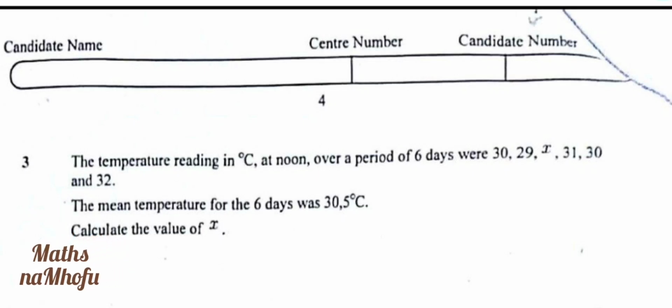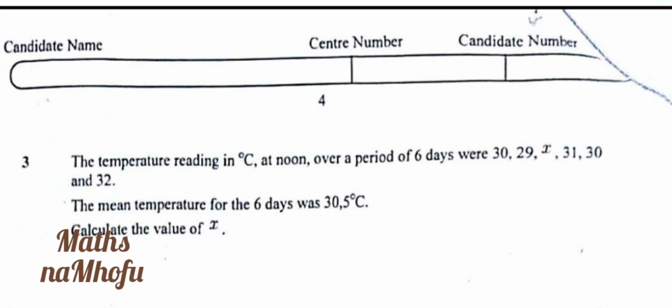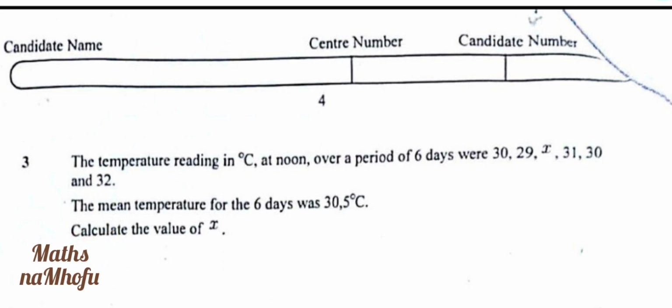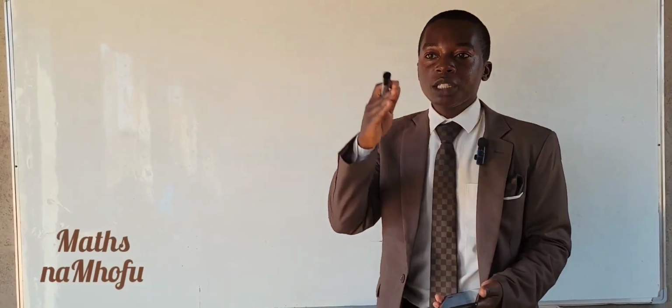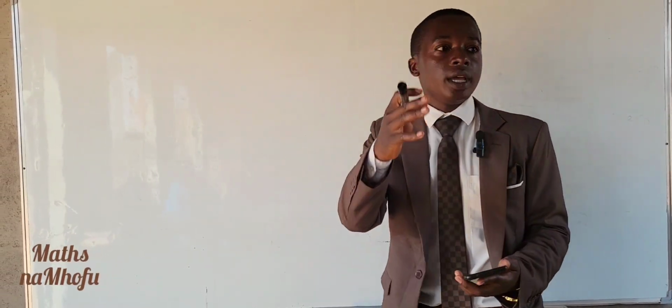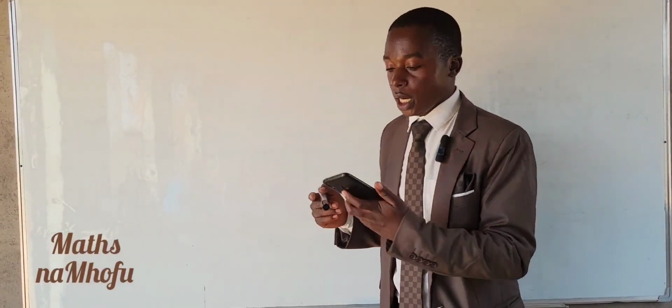The temperature reading in degrees Celsius at noon over a period of 6 days were 30 degrees, 29, x, 31, 30, and 32. The mean temperature for the 6 days was 30.5 degrees Celsius. Calculate the value of x. This is very simple and straightforward. Remember, you calculate mean by adding what you have, then you divide by the total number.